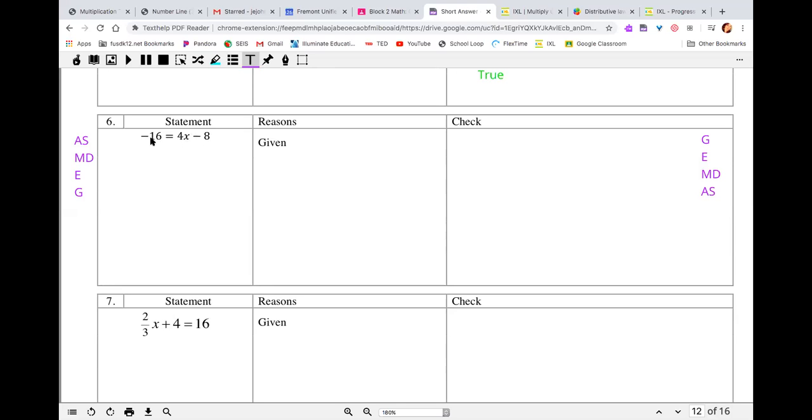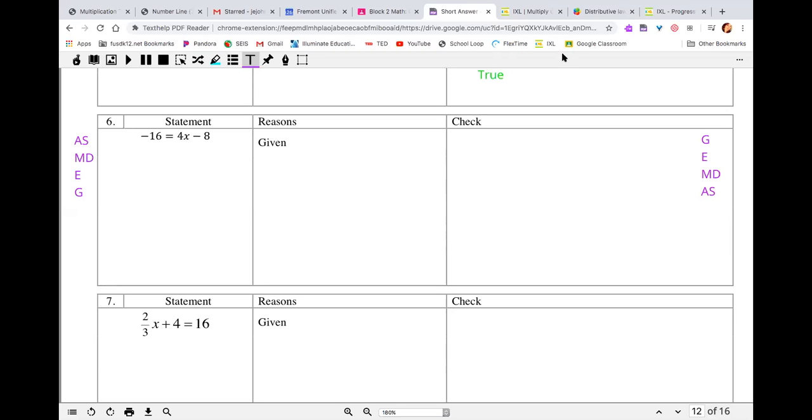Okay, so if I add 16 on both sides, is x going to be by itself, or am I going to have more things? Yeah, I'm going to have more things, okay? So I want to not do 16. I want to get rid of this 8 because I'm trying to get x by itself, correct? Yes. Okay.